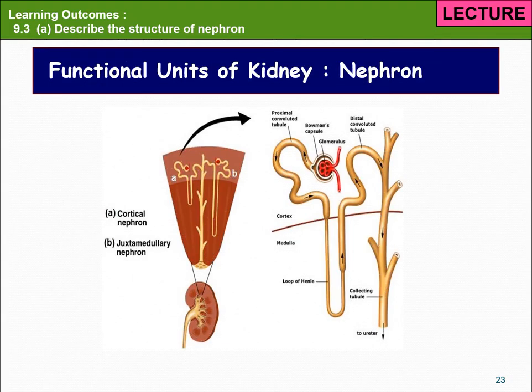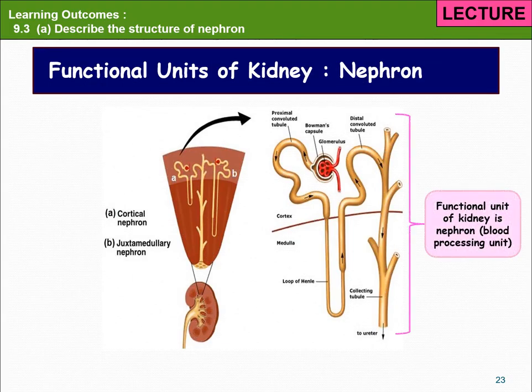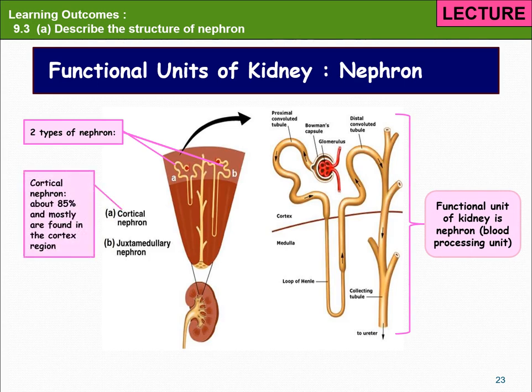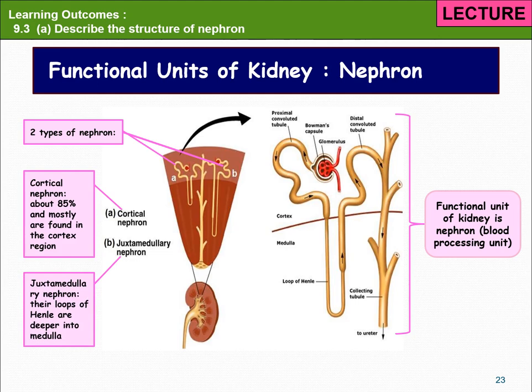As I mentioned earlier, the nephron is the functional unit of the kidney to process the blood, and there are two types of nephron, which are cortical nephron and juxtamedullary nephron. Cortical nephrons are about 85% of the nephrons and are mostly found in the cortex region. As for juxtamedullary nephrons, they have longer loops of Henle.